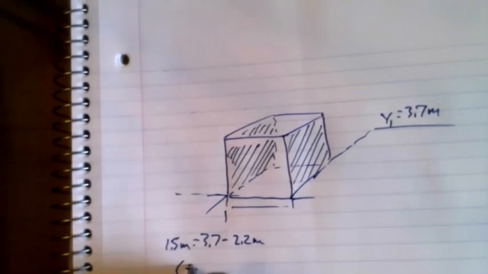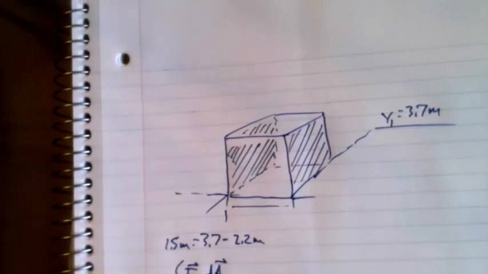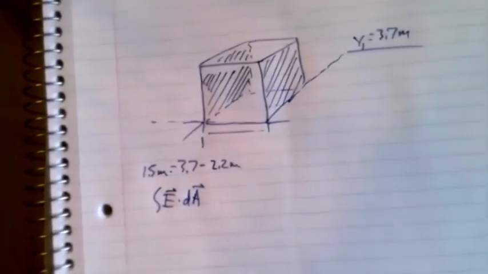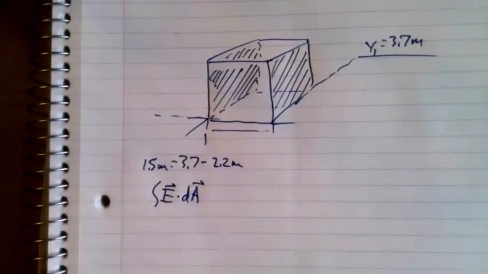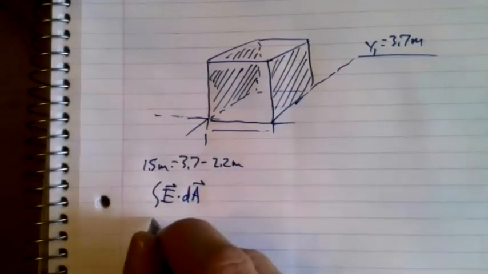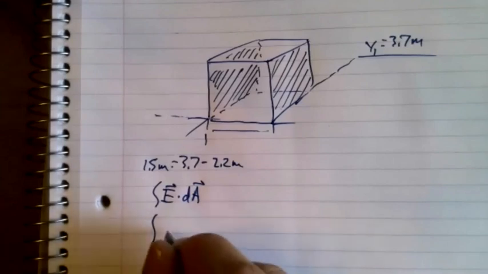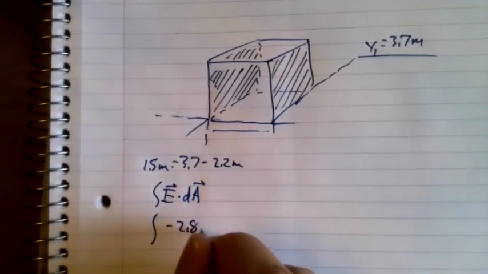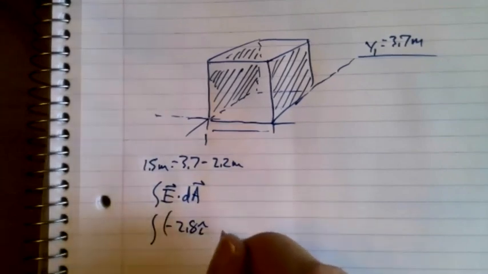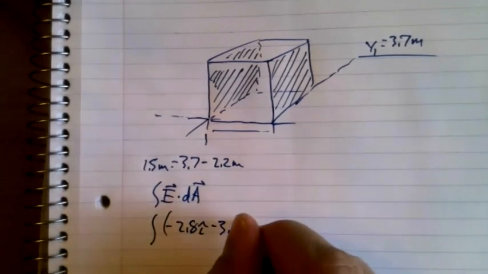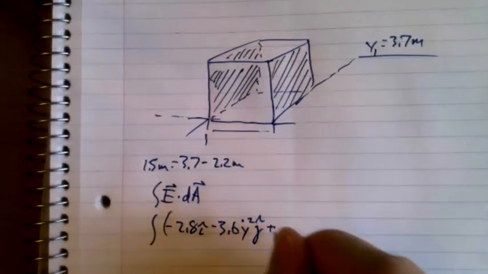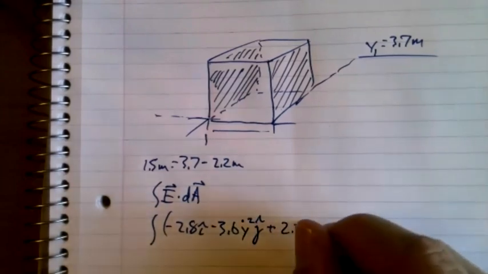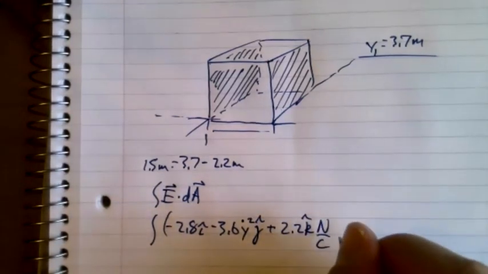All right, now for our electric field, we're going to have our vector here, which is E dot dA. I know that E is 2.8 times i hat minus 3.6 times y squared times j hat plus 2.2 k hat, times newtons per coulomb.